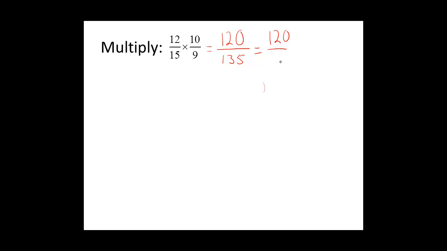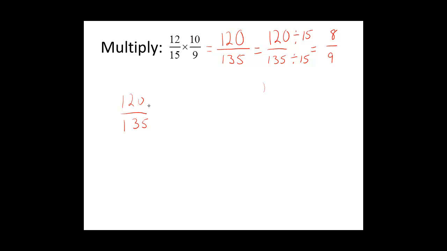But if we divide both the numerator and denominator by the greatest common factor of 15, we will simplify this problem in one step. 120 divided by 15 is equal to 8, and 135 divided by 15 is equal to 9.